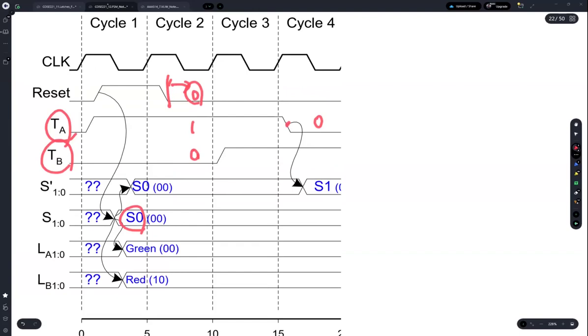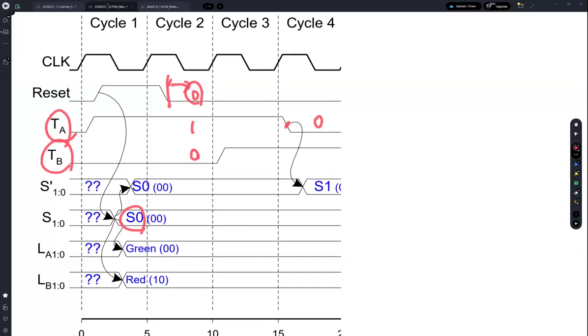Then what is changing? The input is changed, right? And the input is asynchronous. Asynchronous means that it's not synchronous with the clock signal. The input is changed at this point.